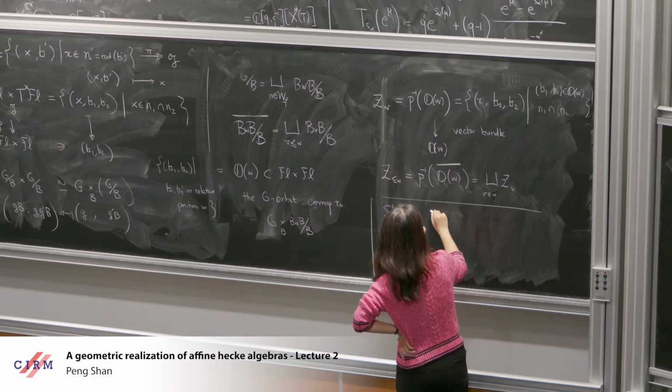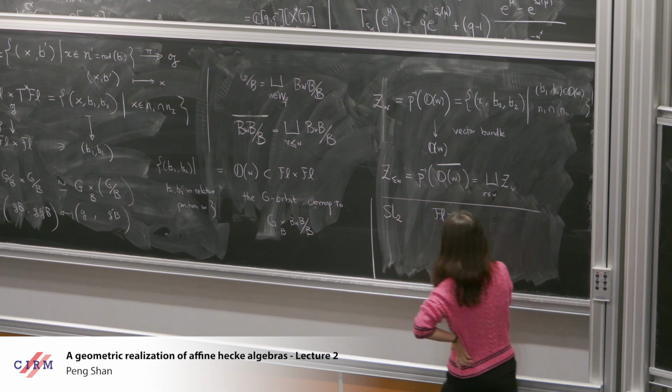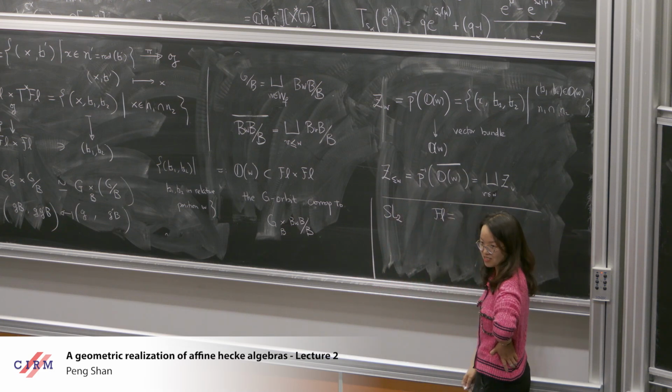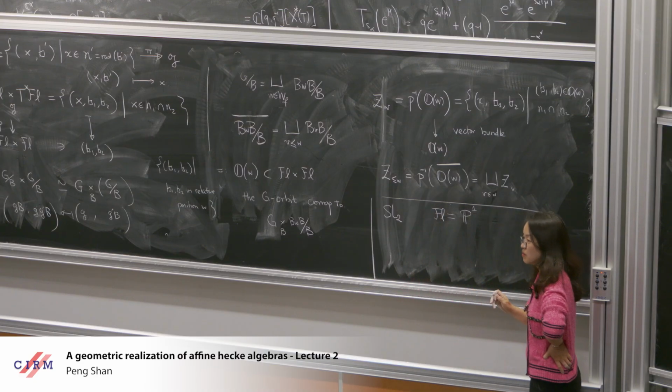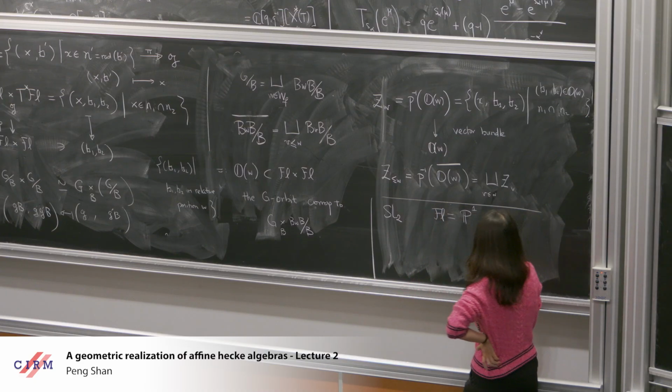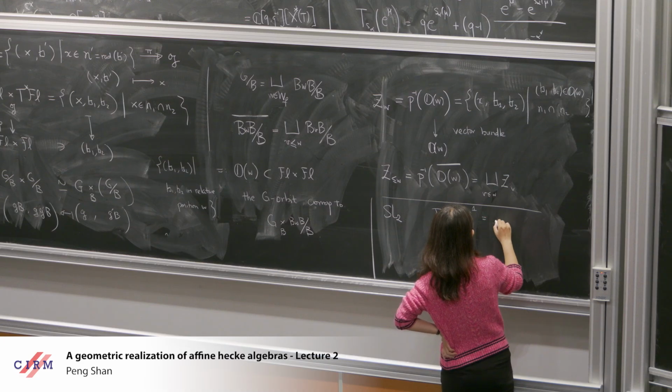In SL2, the flag variety is identified with the one-dimensional subspaces in C^2. So this is P1. And then it has two orbits, which are identified with A1 and the point 0.